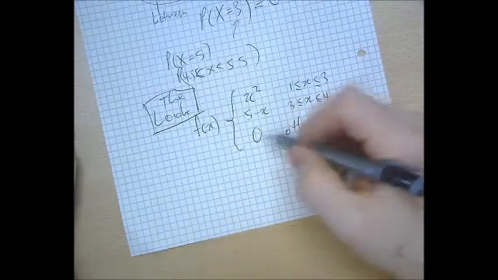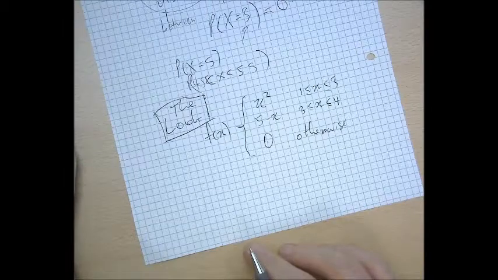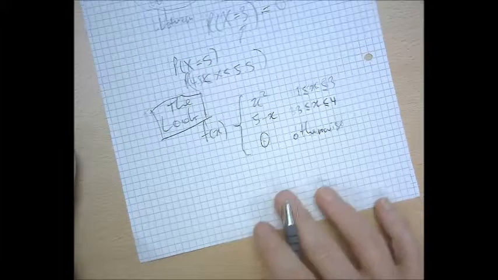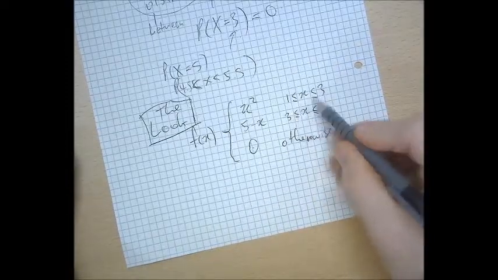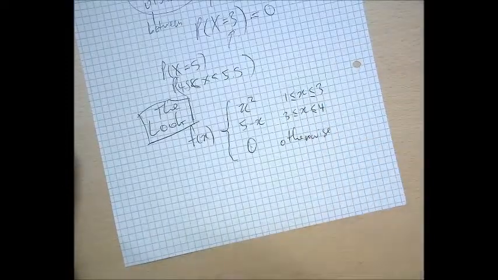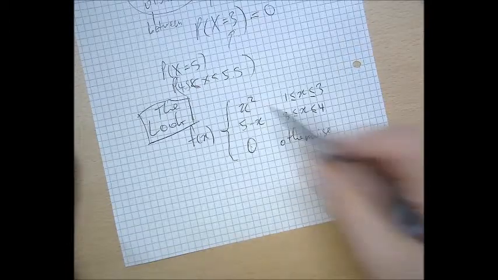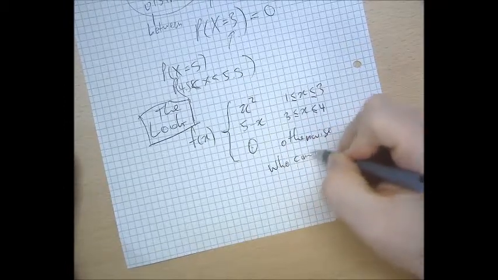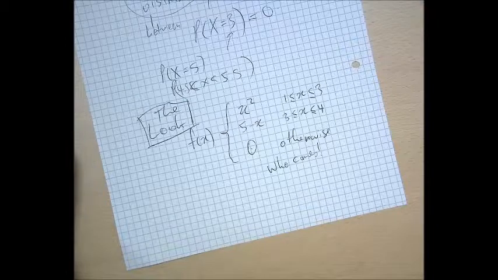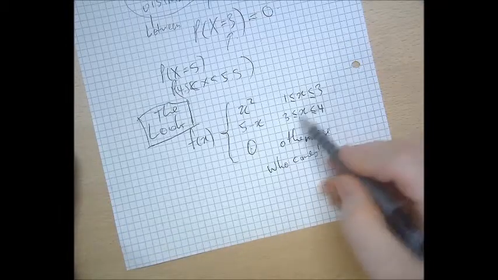Okay? So that's the classic look. If you cannot see 0 otherwise, it's not a fair PDF for stage 2. Now, can I just ask you, don't you think it's a bit sloppy? Why is that a bit sloppy? Because you don't know where 3 goes. You don't know which rule to use if it's number 3. Who cares? Why do I not care? Because you're never interested in just particular values.